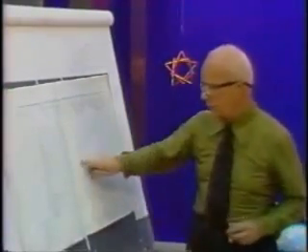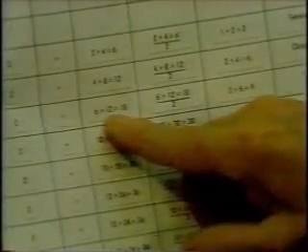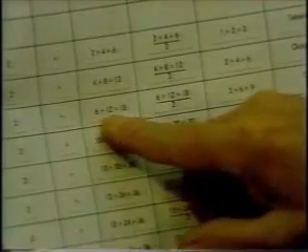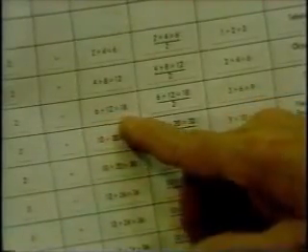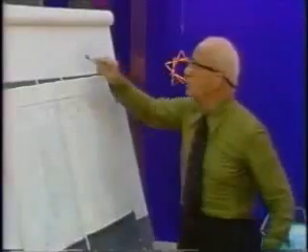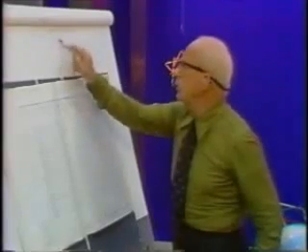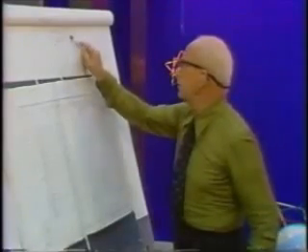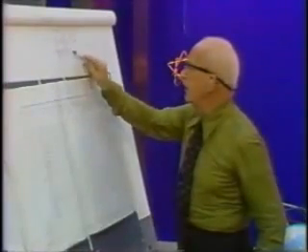Then I get to the cube, and I've got 6 plus 12 equals 18, so I divide those by 2, and that gives me 3 plus 6 equals 9. We said that 1 plus 2 equals 3, 2 plus 4 equals 6, and 3 plus 6 equals 9.